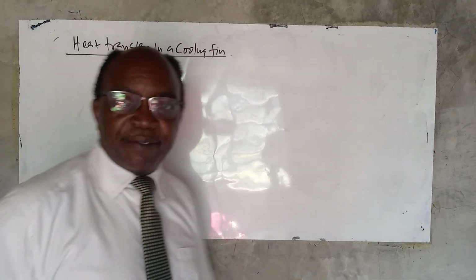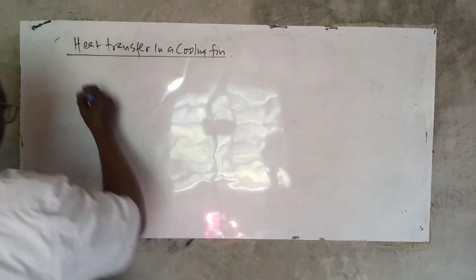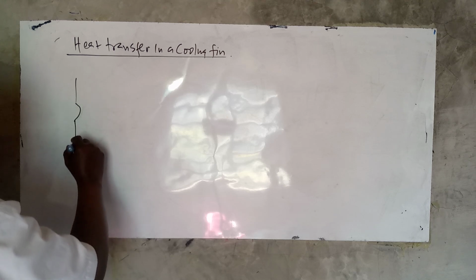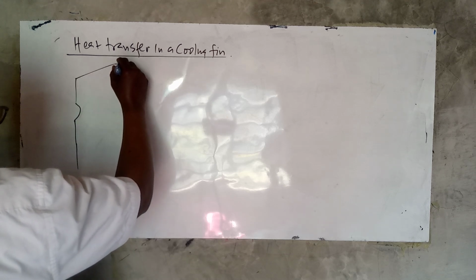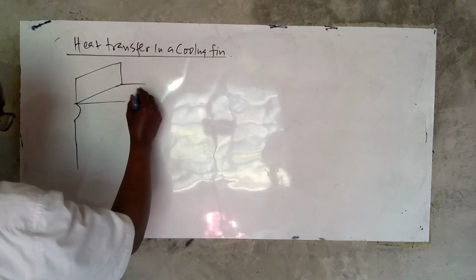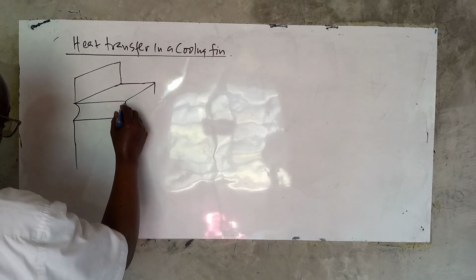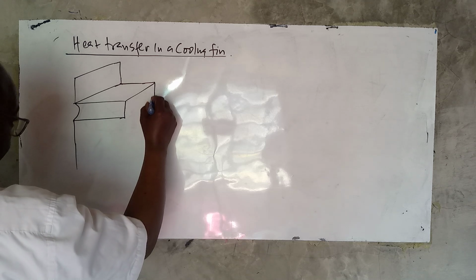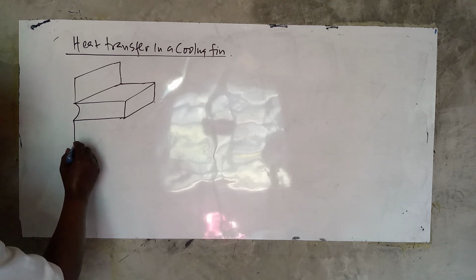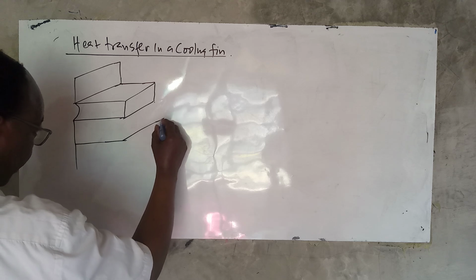So we can have a schematic showing this fin protruding from a surface. If we have, for example, this surface, we have a fin protruding from this particular surface. That's the flank of the fin. And let's have a slender one, which is much thinner.